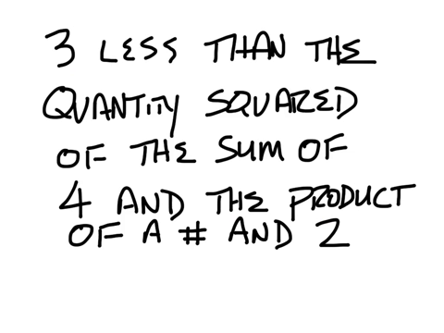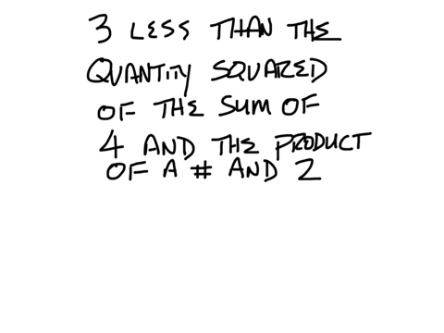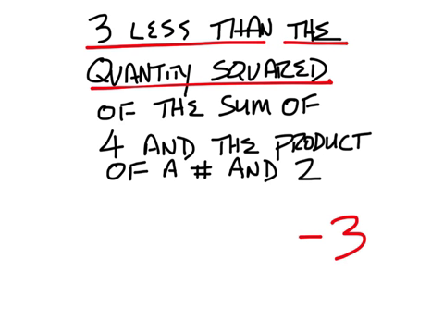3 less than the quantity squared of the sum of 4 and the product of a number and 2. So let's just start at the beginning. 3 less than. What does that mean? Minus 3, and where does it go? To the right. So it's going to be 3 less than the quantity squared. Parentheses with the square symbol.